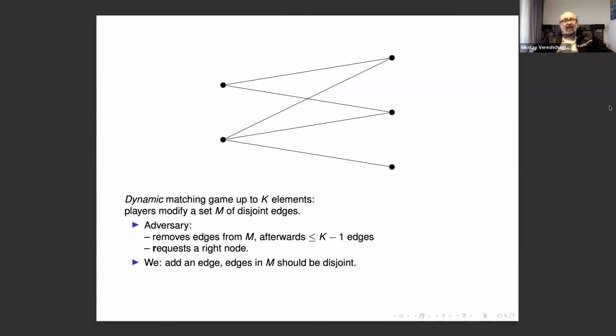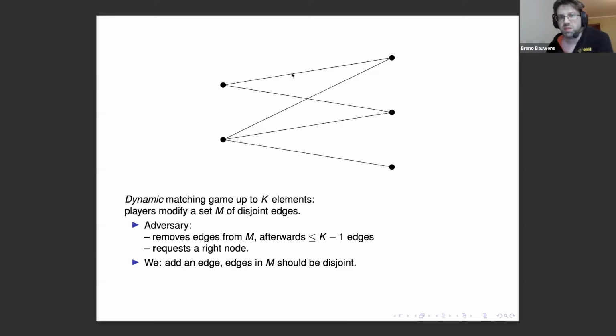Bruno, it's not clear. What do you mean when you say that the opponent removes edges? How many edges can he remove from the graph? Any number of edges, for example all the edges. But then it's clear, the opponent just removes all the edges and there is no matching at all.